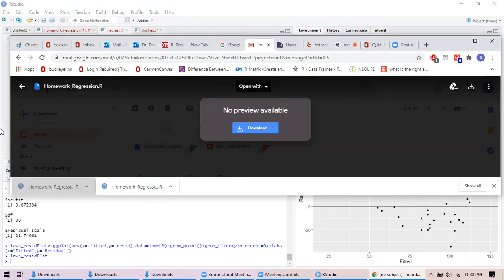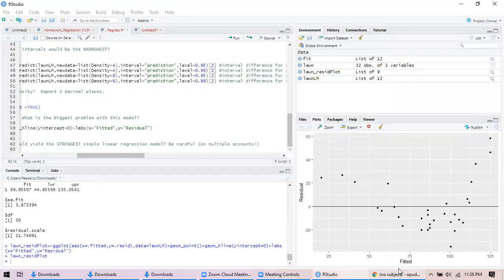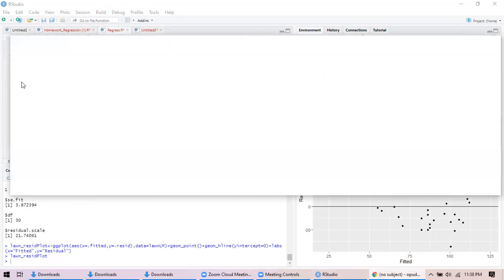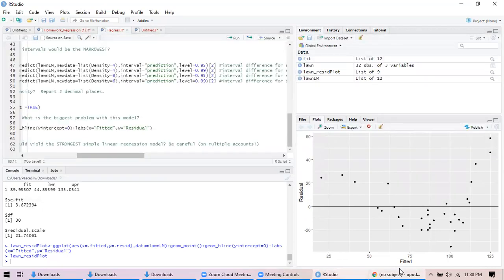It's not helping me either. Let me download it.